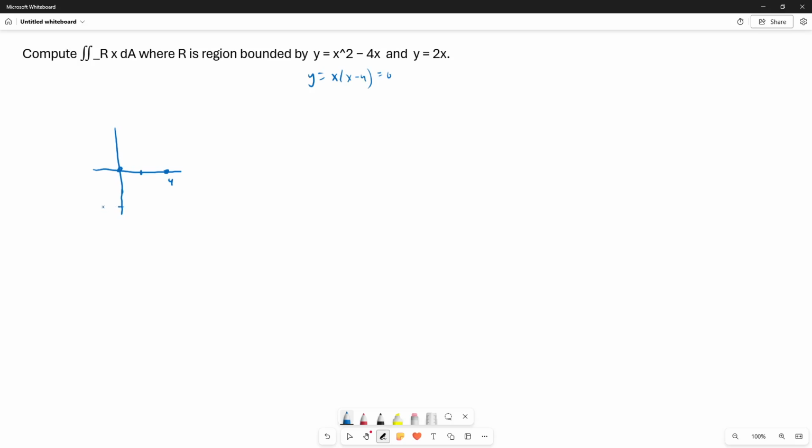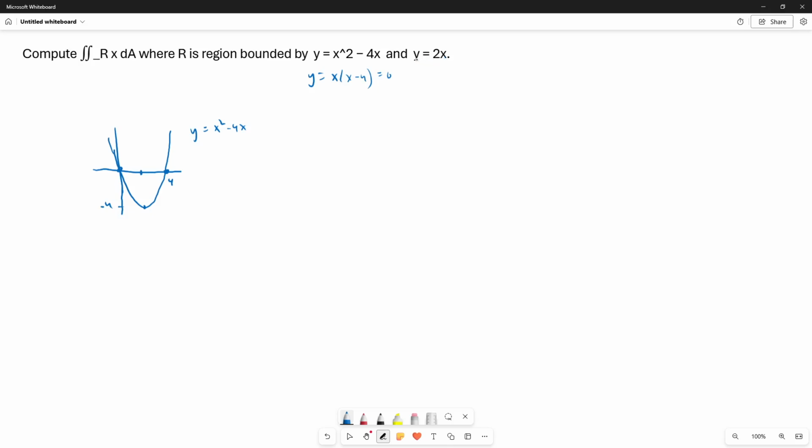So down here we have negative 4. This is the vertex. So we have a parabola that looks something like this, and this is our parabola y equals x squared minus 4x.